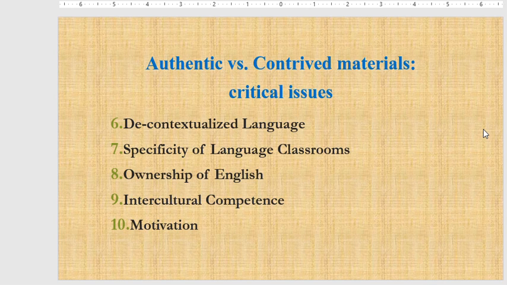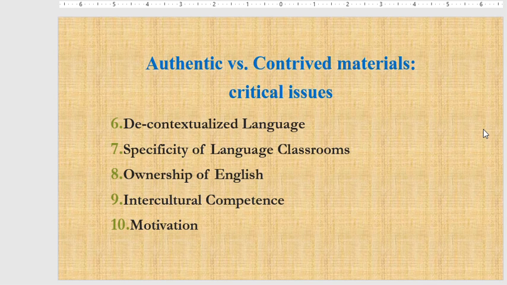Up to now, we have discussed the centrality of authenticity, actually considering general and very unspecific issues and topics when we were talking about the significance and centrality of authenticity.